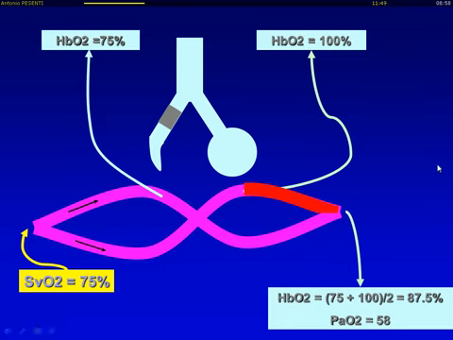And this mixture, if you have 50% shunt and a mixed venous saturation of 75%, will be 87% arterial saturation, which will give you a decent PO2 of 58 millimeters of mercury, or perhaps here you will say 10 kilopascal.